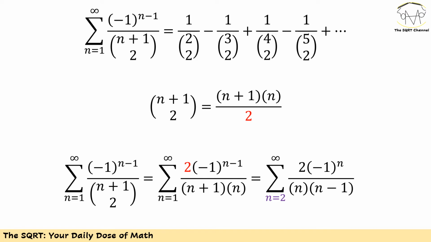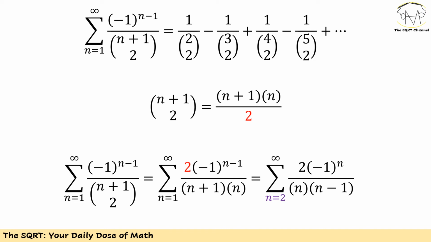So if I just want to use n and n minus 1, I will change the starting position, and instead of starting with 1, I'm going to start with 2. Then I will replace n plus 1 with n, I will replace n with n minus 1, and I will replace negative 1 to the power of n minus 1 with negative 1 to the power of n.